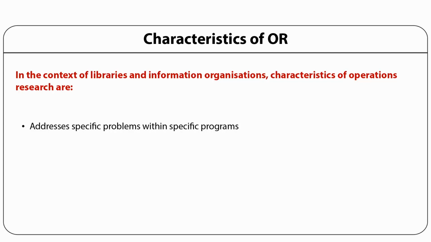It deals with problems that are under the control of library professionals. OR has been effectively and efficiently used within the library setup because the problems which are very specific to the library situation and can be dealt with by library professionals are possible to solve.